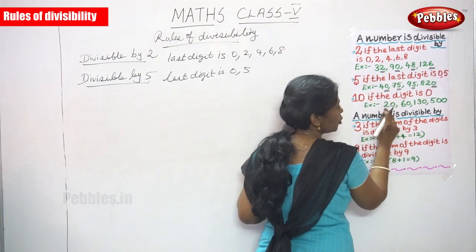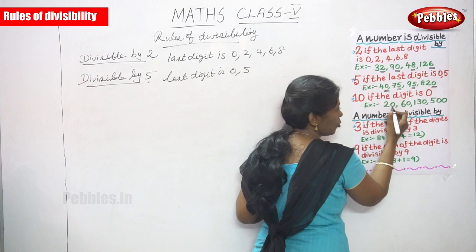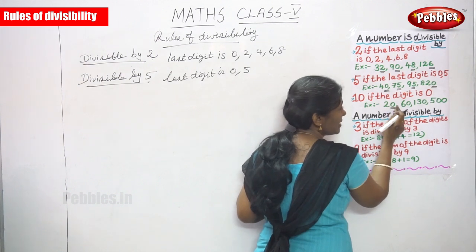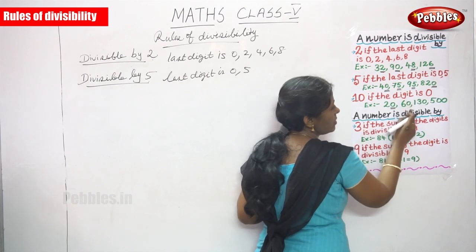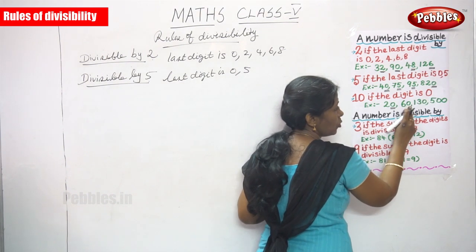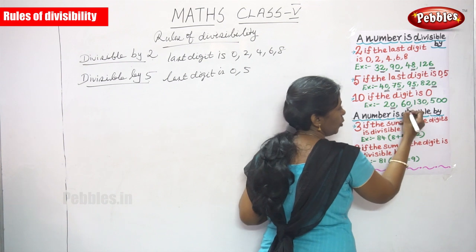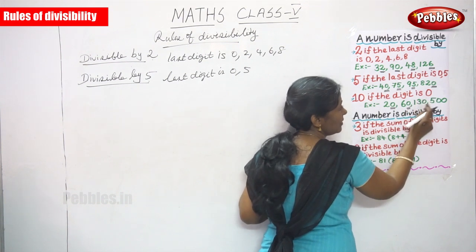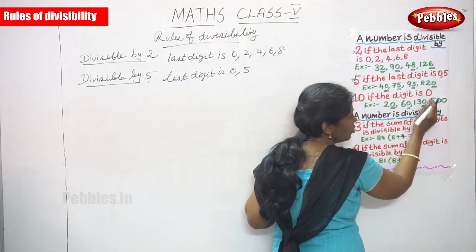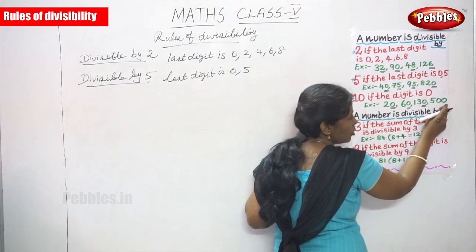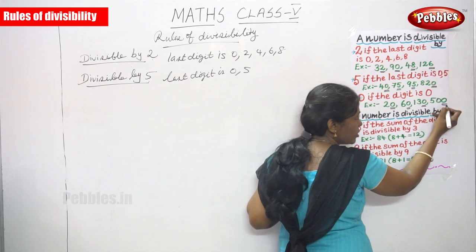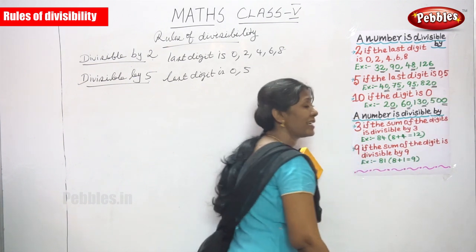Take 20: the last digit is 0, so it is divisible by 10. 60: the last digit is 0, so it is divisible by 10. 130: the last digit ends with 0, so it is divisible by 10. 500: the last digit is 0, so it is divisible by 10.